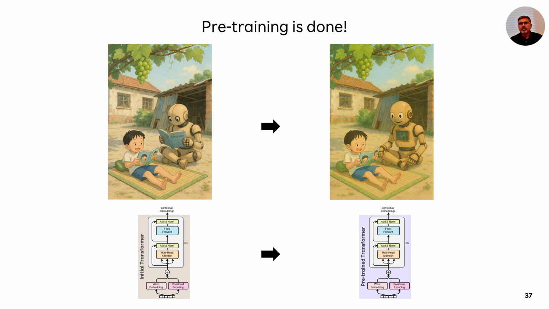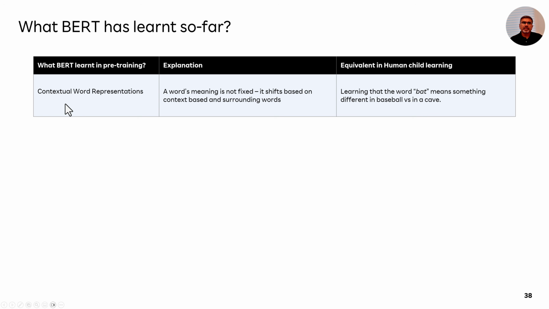At this point, what is it that the large language model has learned? First thing it has learned is contextual word representations of sentences, which means, going back to the very first example, he entered the Apple store eating an apple. It knows that the first apple means more of a company and less of a fruit. The second apple is more of a fruit and less of a company, and so on.